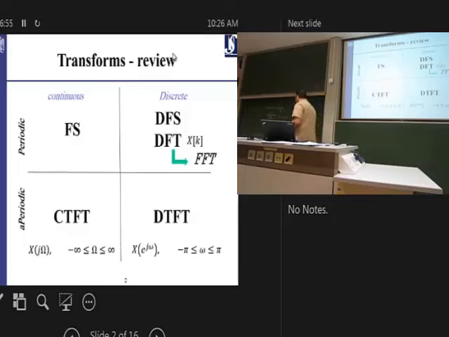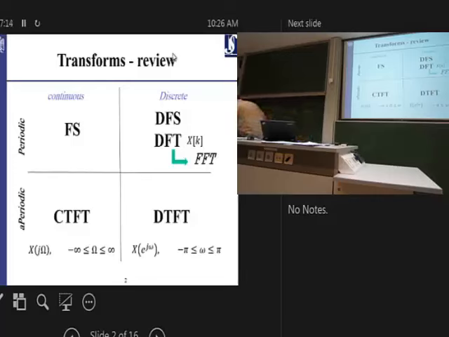If the DFT takes something like n squared multiplications, for the FFT algorithm we have n log n on the base of 2 multiplications.